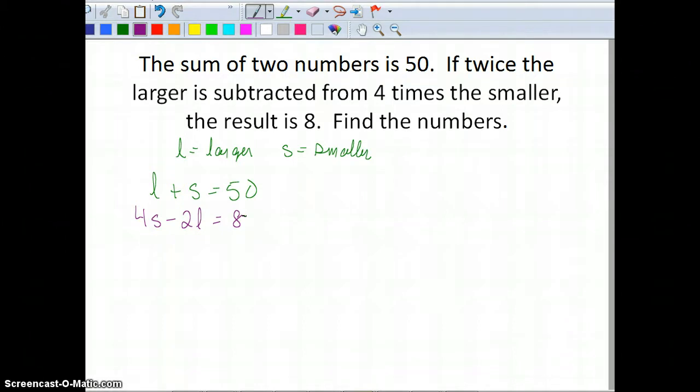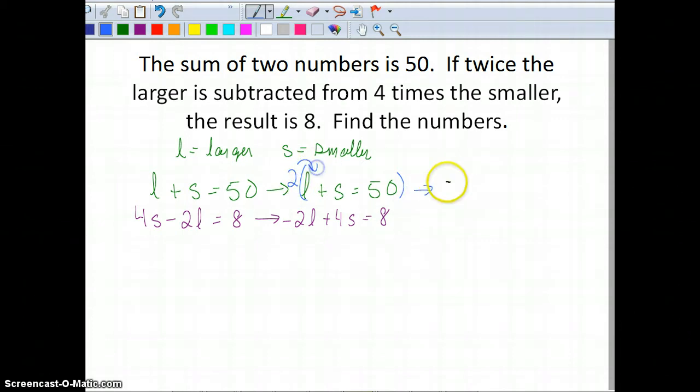I'm looking at this and I want to use elimination, so I'm just going to rewrite these. I have L plus S is equal to 50. That one was lined up fine. Now this one I'm just going to change the order, so I have negative 2L plus 4S is equal to 8. And I'm going to multiply my top equation by a positive 2.